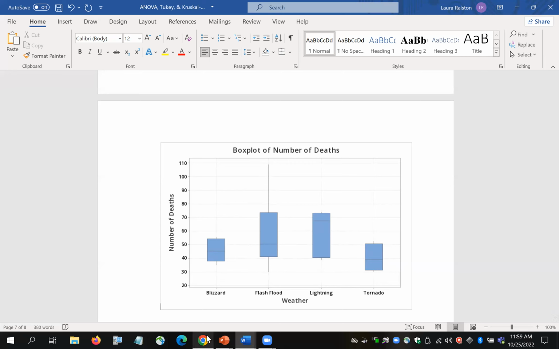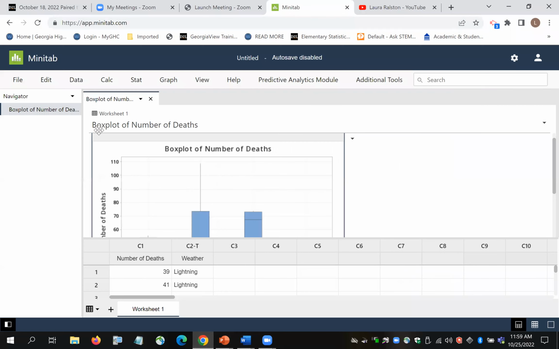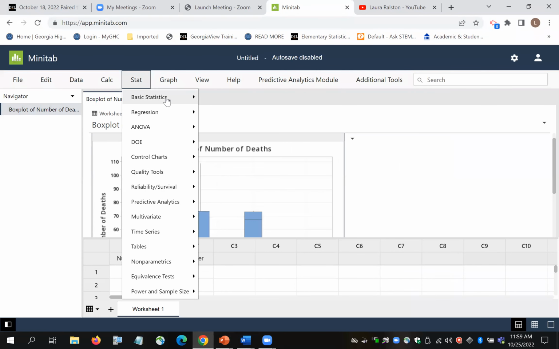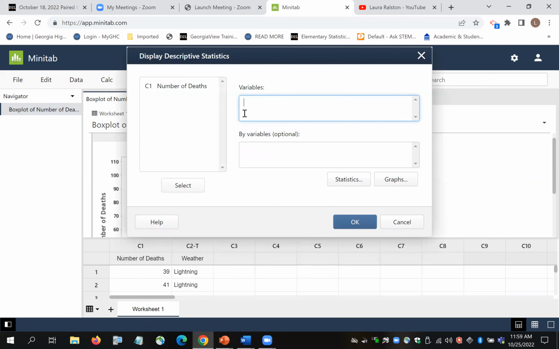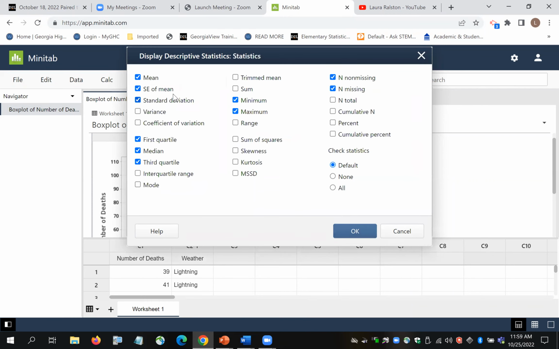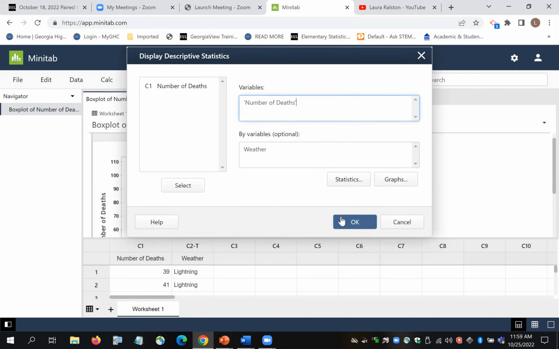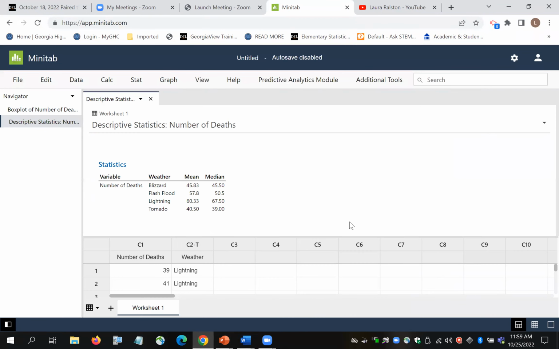If you're still not convinced, we can also look at the descriptive statistics. I can have it calculate the descriptive statistics, and we only really need the mean and the median for each one. We could look at mode, but mean and median's enough.